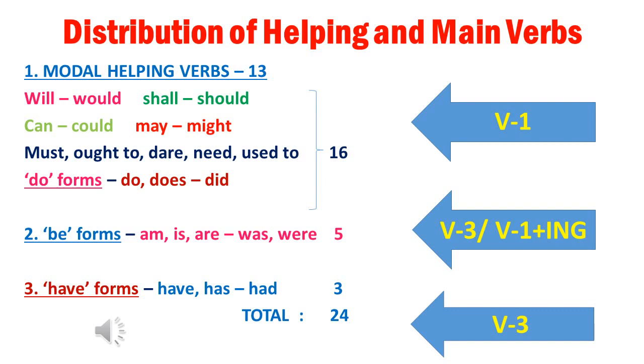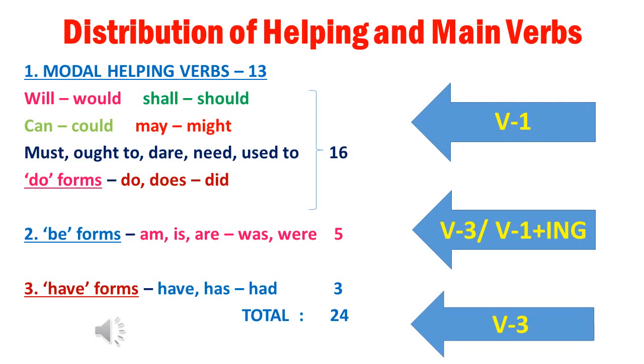Have, has, had are said to be the have forms. These 3 have forms take V3. We can use verb third form, past participle with have forms. For example, have taken, has taken, had taken. Let me recapitulate the slide.